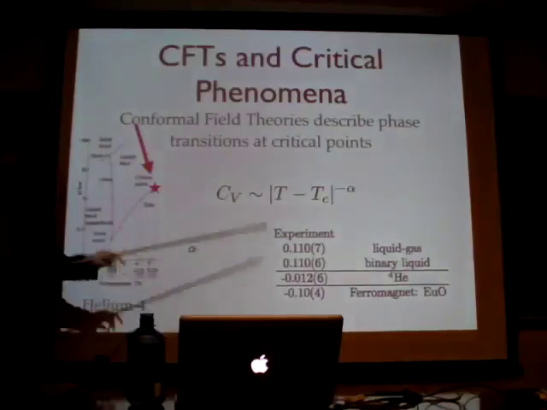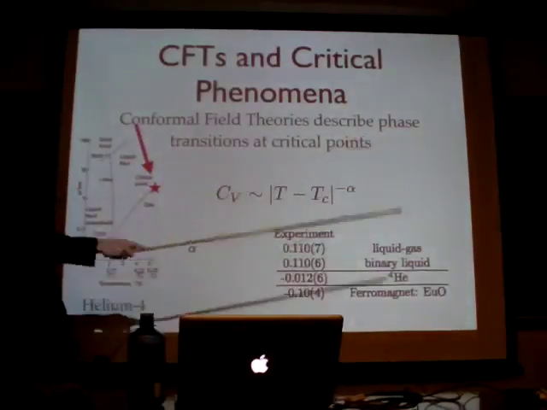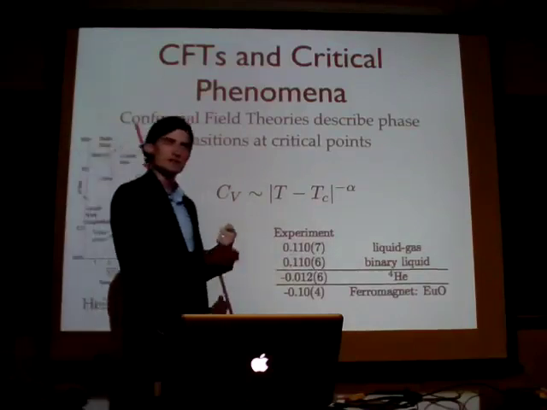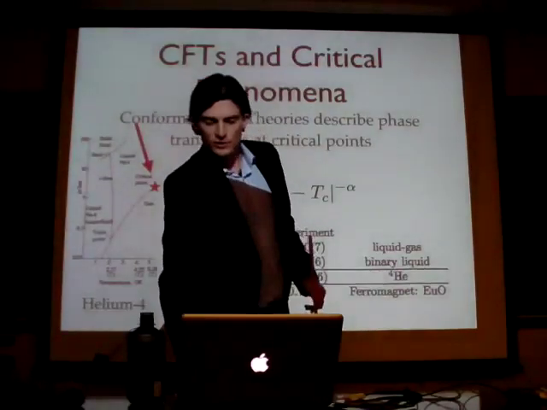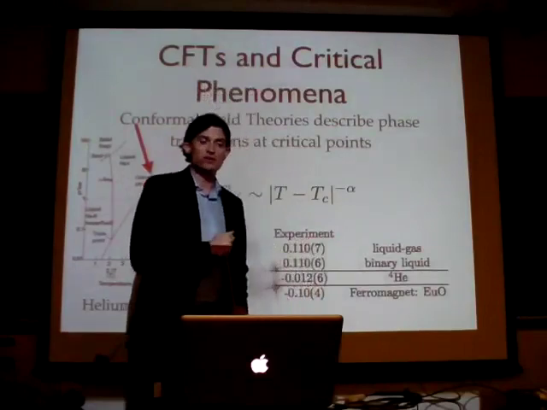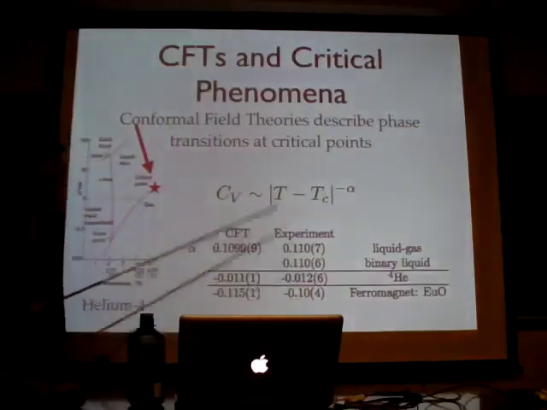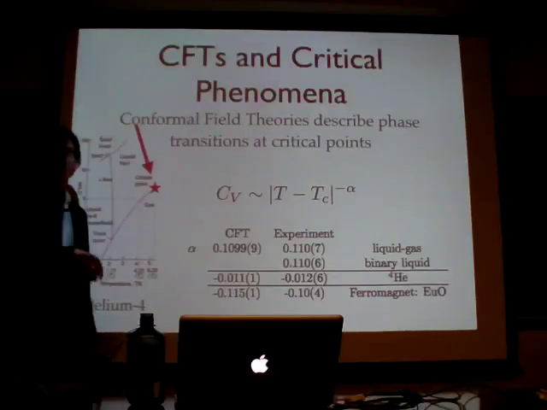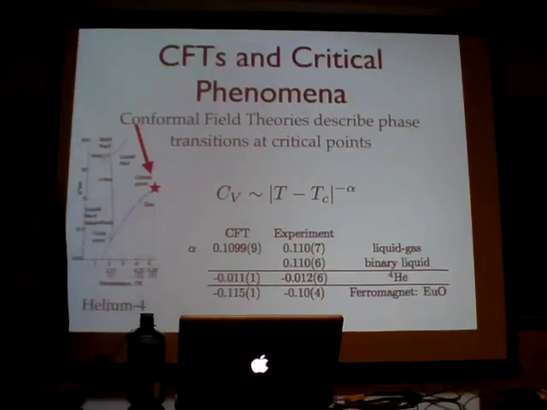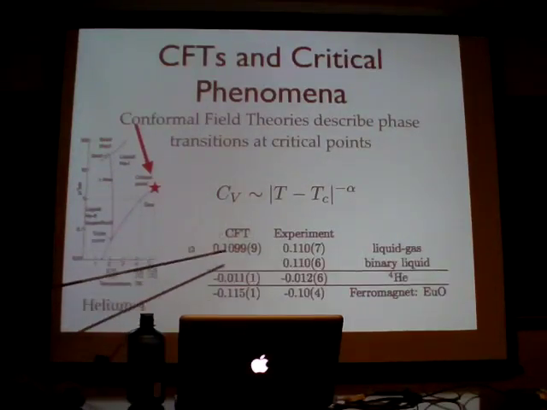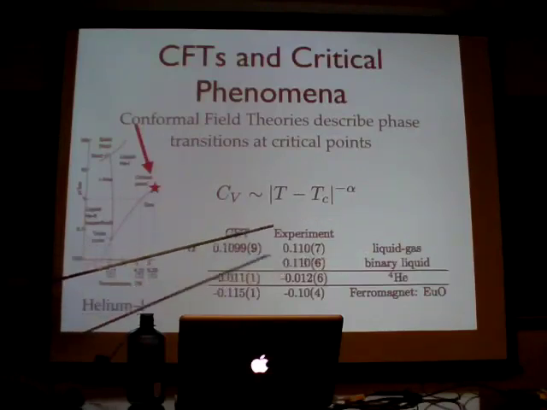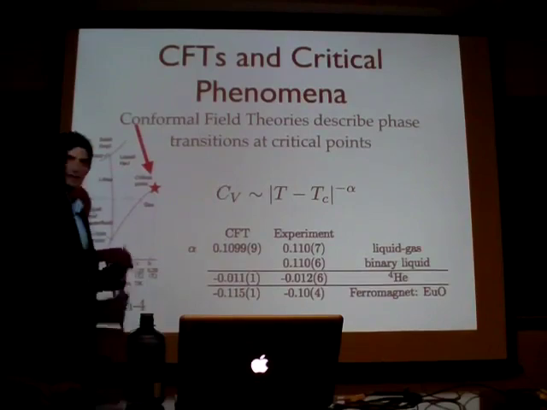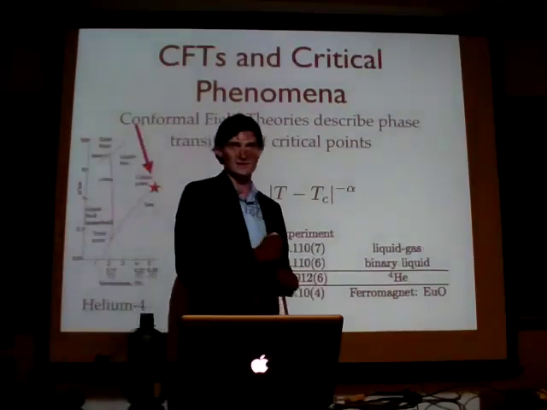Here are a number of critical points, and in each of these cases, we have a concrete CFT that we can use to make precise predictions about these scaling dimensions. And you can see there's a fairly impressive agreement between theory and experiment. I want to mention, in this case, this number here for the liquid-gas transition, actually the most precise calculation on the theory side comes from the type of bootstrap methods I'm going to discuss today.